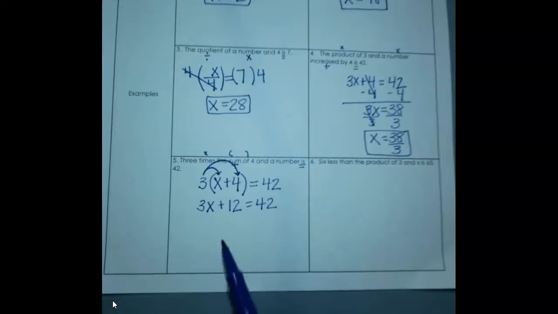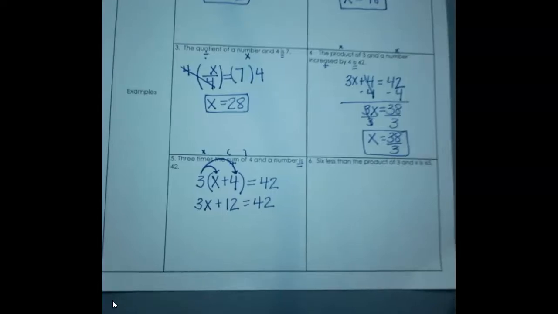Okay, now this problem is very much like the problem that we just did. You need to get the variable by itself. It needs to be the only term on that side of the equation for us to be able to solve for it. Since I have 2 terms over here right now, I want to move this 12. I want to subtract 12 to move it away from the 3x, so I'm isolating it. This is a positive 12, so we're going to do the opposite.